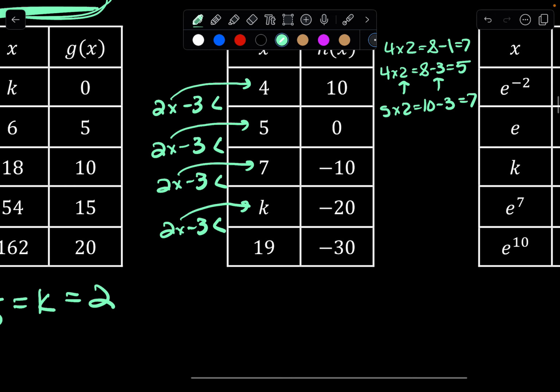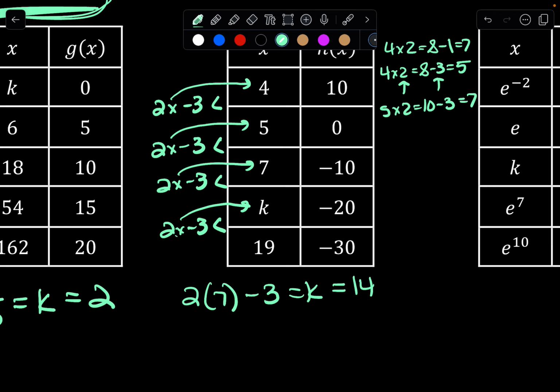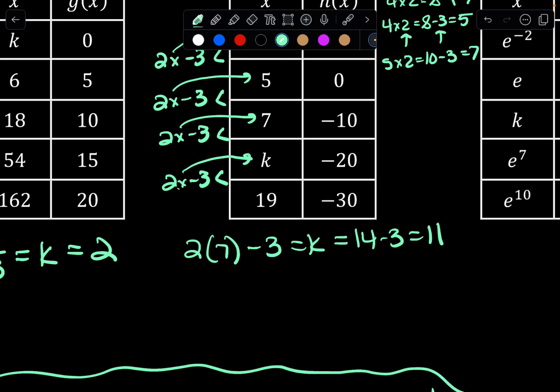So we have multiple ways that we can solve for k. We can plug in 7 and solve for k. Or we can plug in k here and then set that equal to 19. So we'll do both. So we'll do 2 times 7 minus 3 is equal to k, which is equal to 14 minus 3, which equals 11. And then let's try the other one.